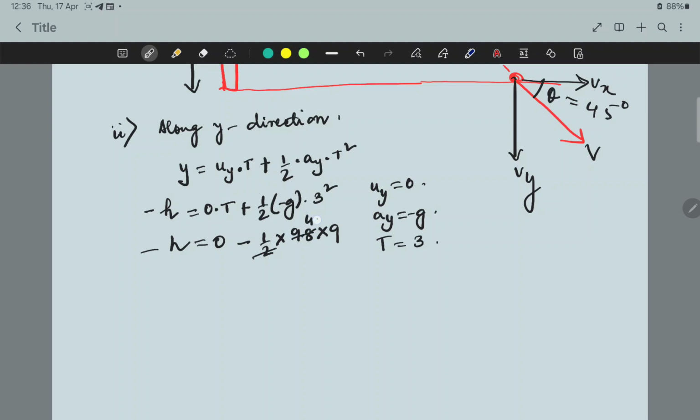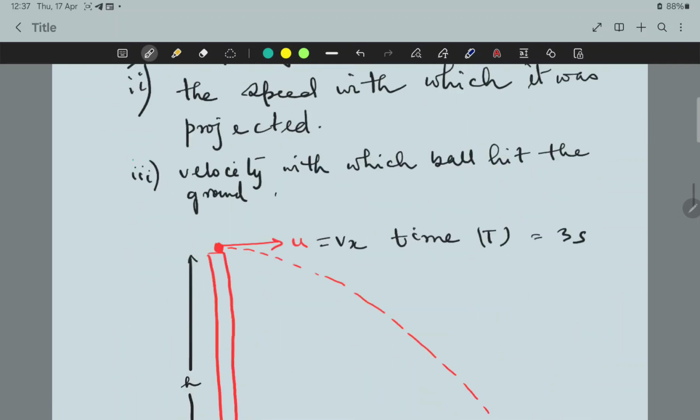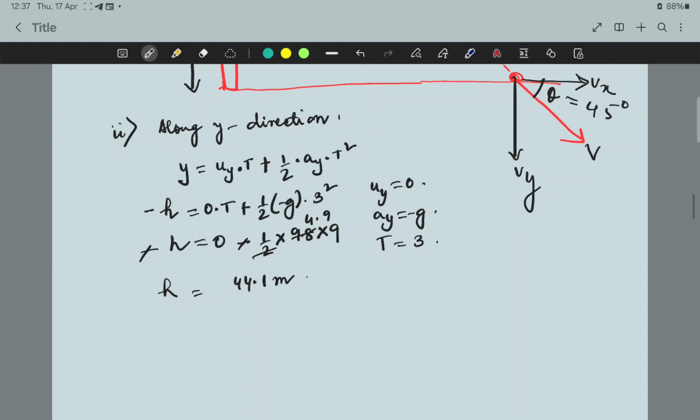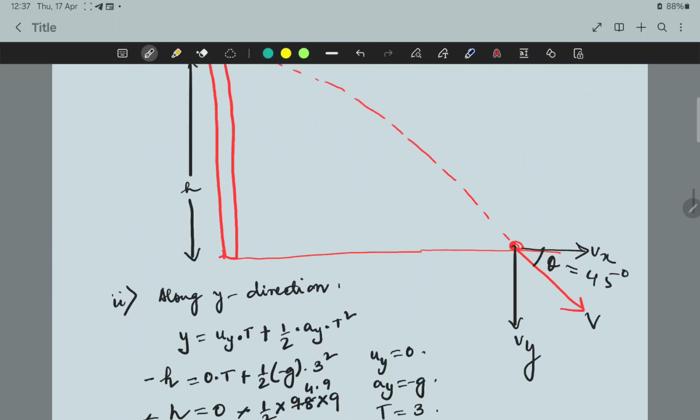So that is 4.9 times 9, minus minus gone, so h is 44.1 meters. So this is the height of the tower. Okay, so the first part is done.